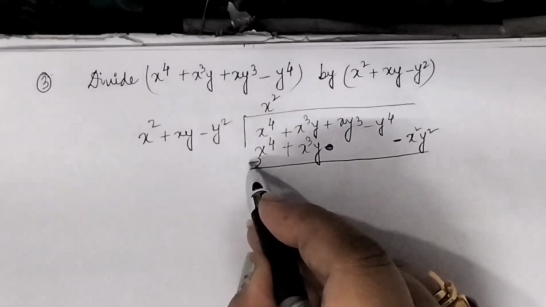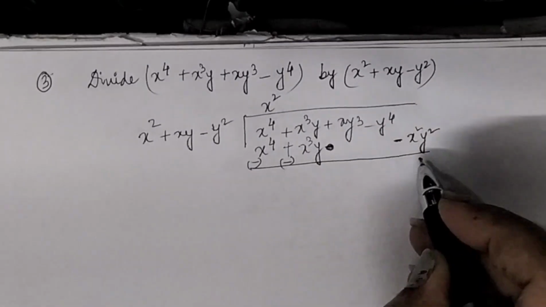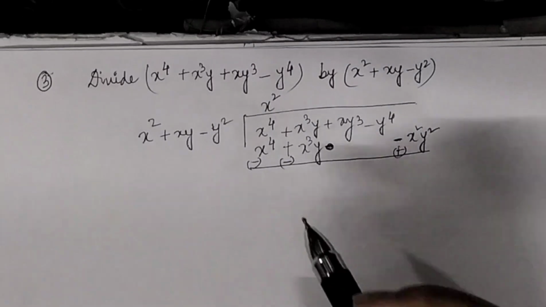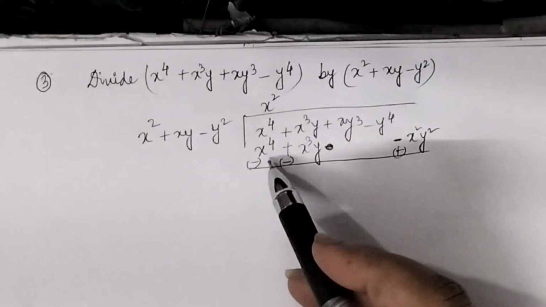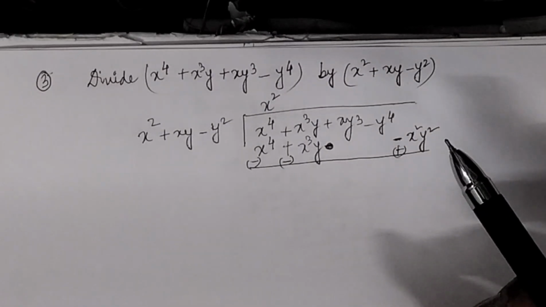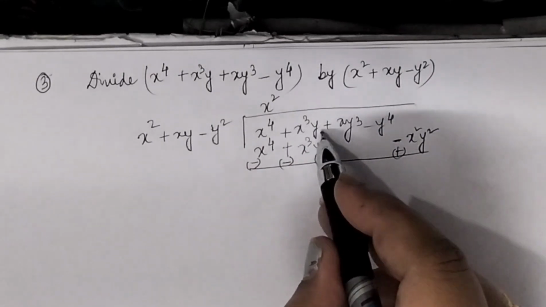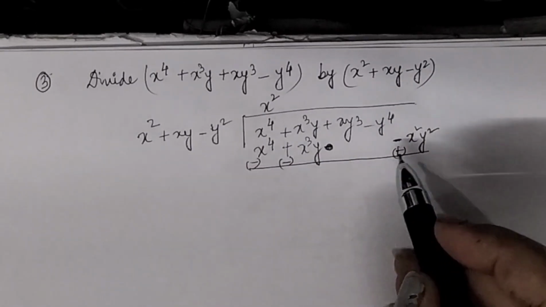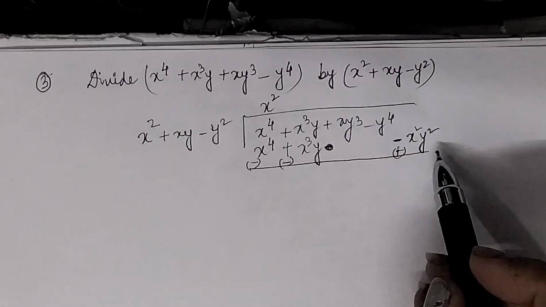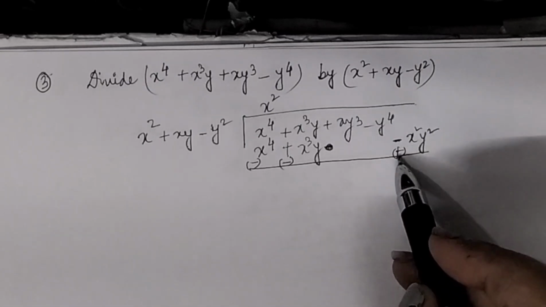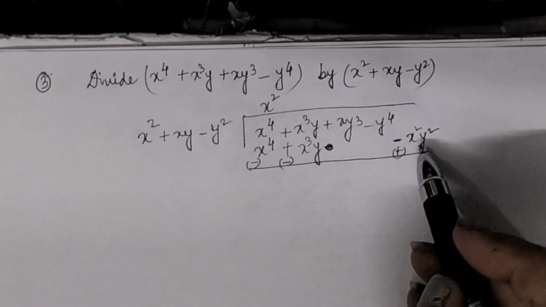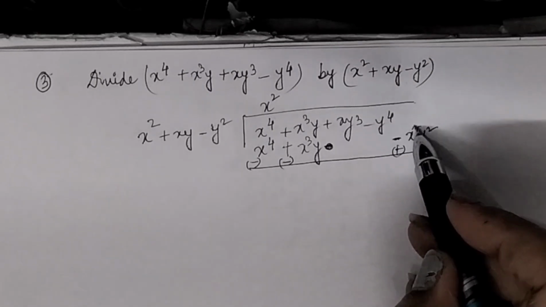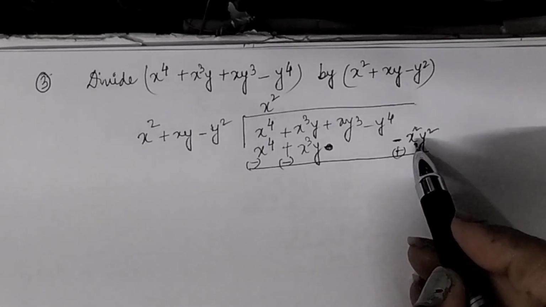So now change the sign, because we are subtracting. So here x to the power 4 and x to the power 4 are balancing each other. Now here x cube y and x cube y are also balancing each other. So now if we consider x, we will find x square y square plus x square y square is the term where the power of x is the highest one.